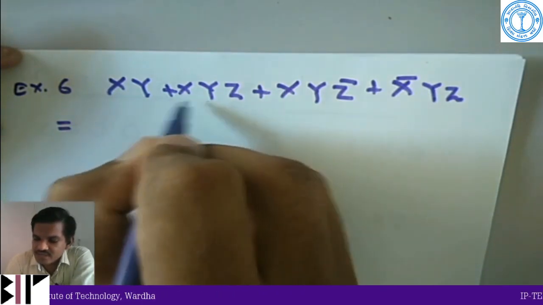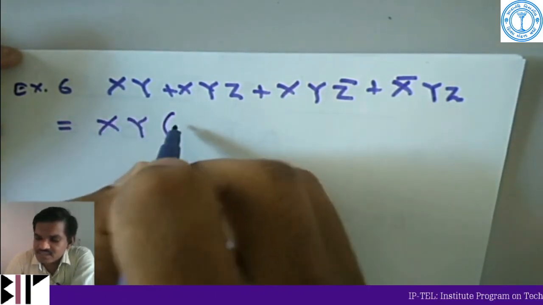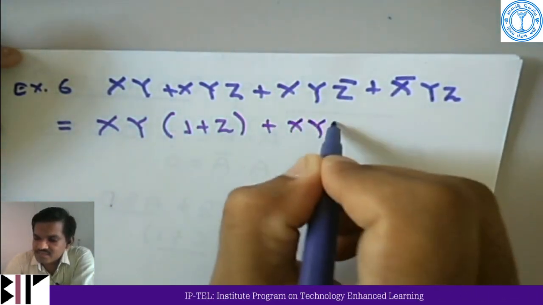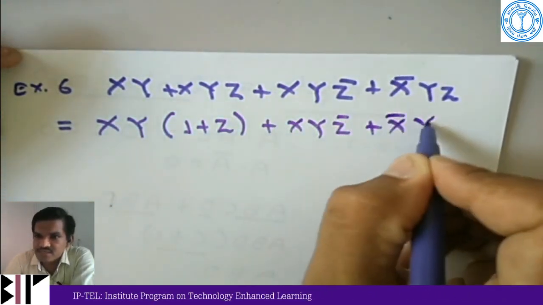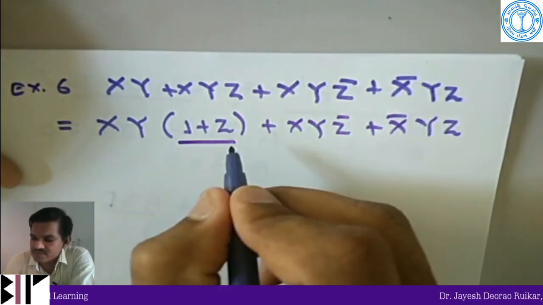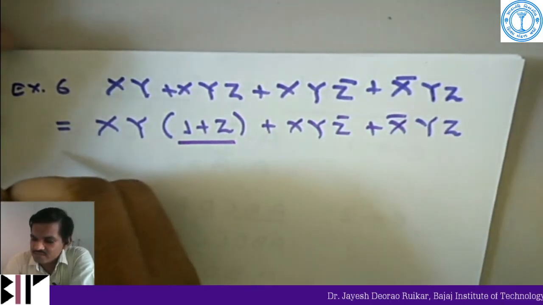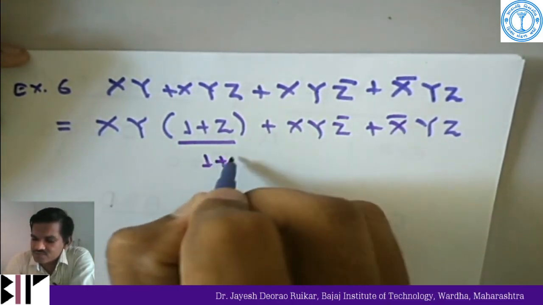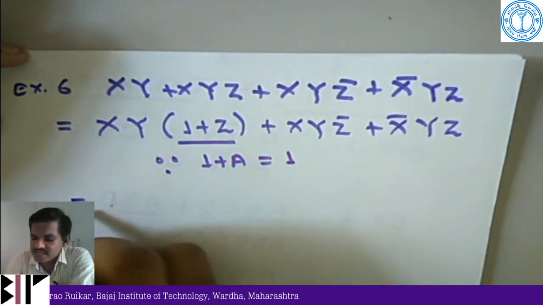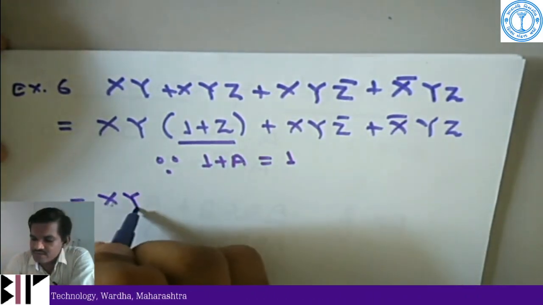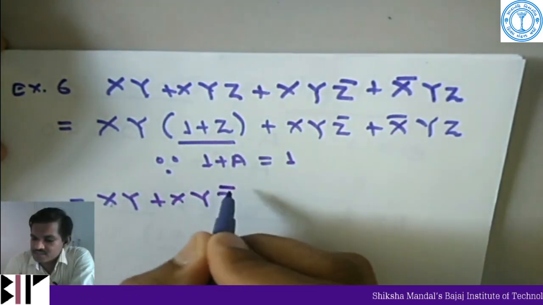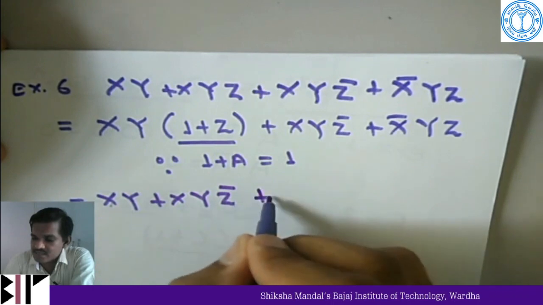So xy and then 1 plus z, then plus the remaining terms as it is, plus x bar yz. Now we know that this 1 plus z is equals to 1. We know the theorem 1 plus a is equals to 1. So which will give me xy into 1 plus xyz bar plus x bar yz.